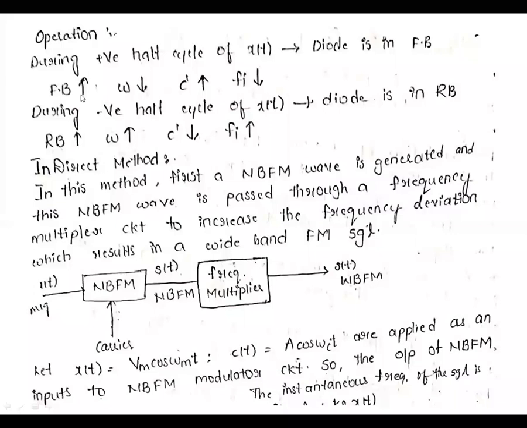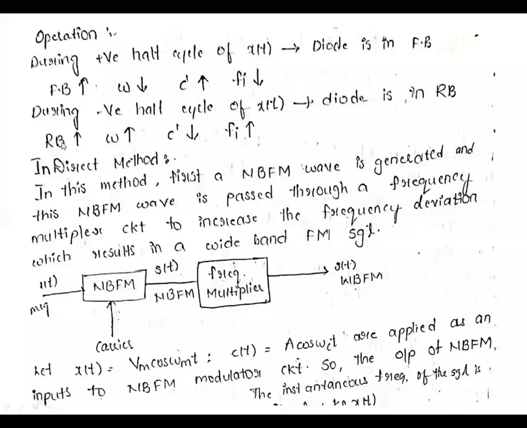At the forward bias of the diode, that is the positive peak of the MOFT signal, minimum frequency is generated, that is, low frequency is generated.